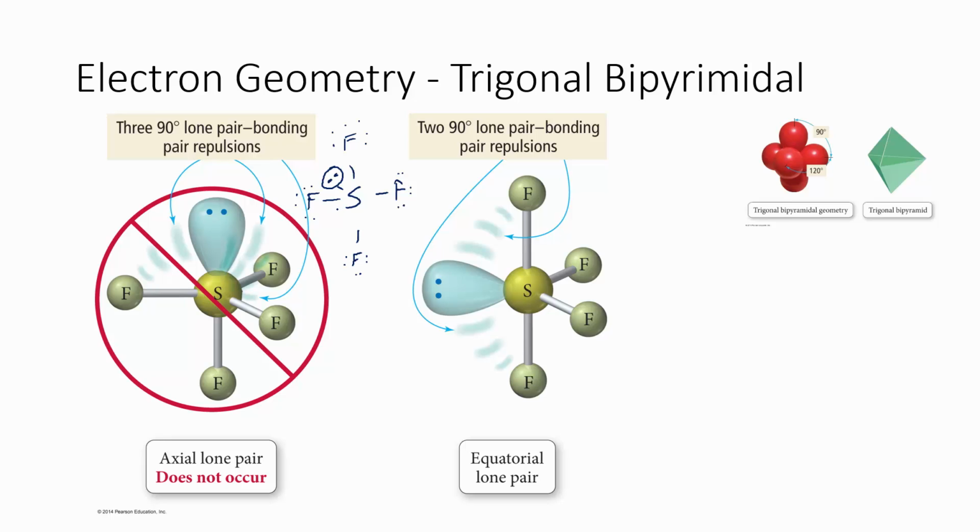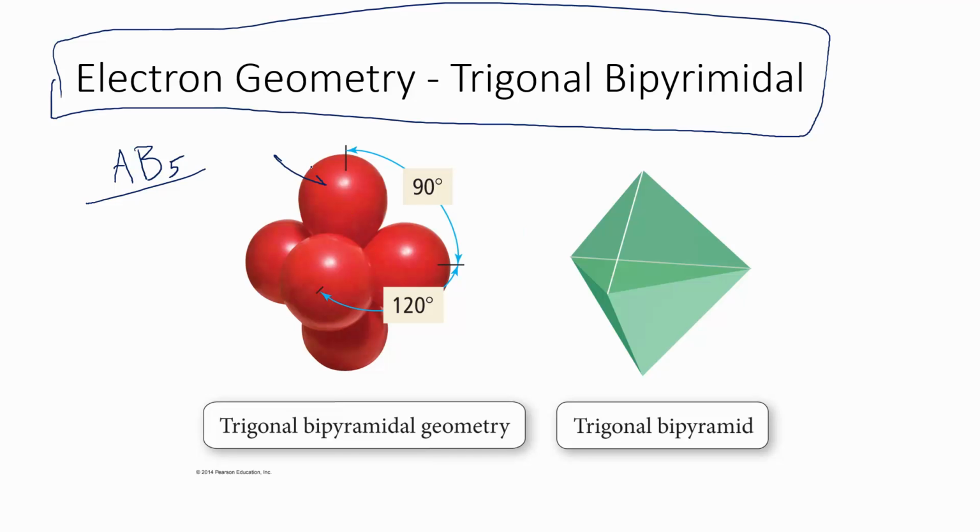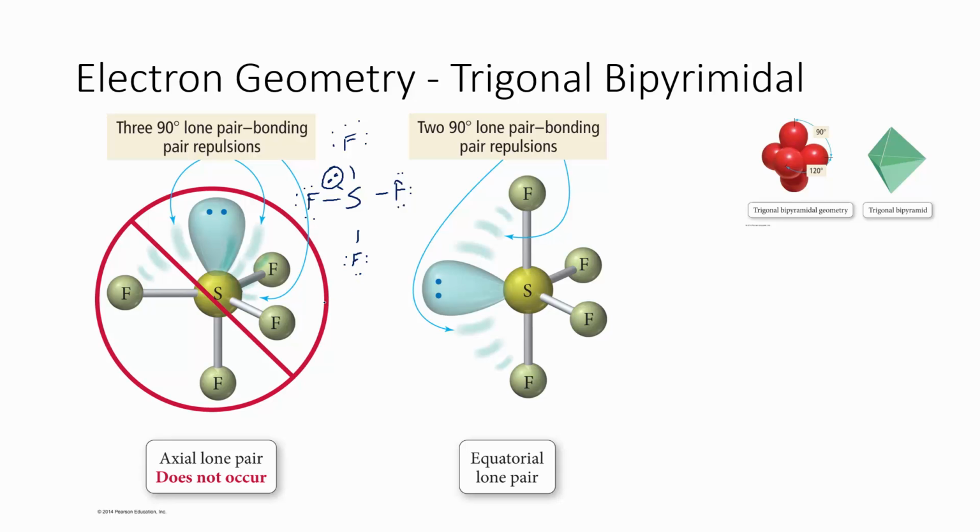Well, we have 2 choices, right? We can take off the top and make kind of this trigonal pyramid shape, or we can take off one of the sides and make this other shape. Okay, so let's look at what we get.